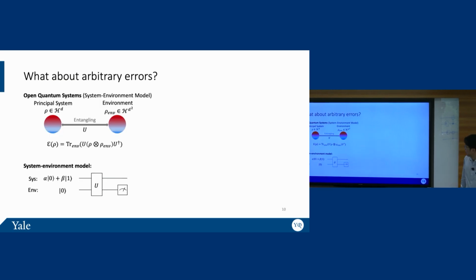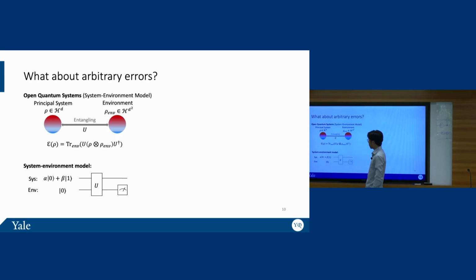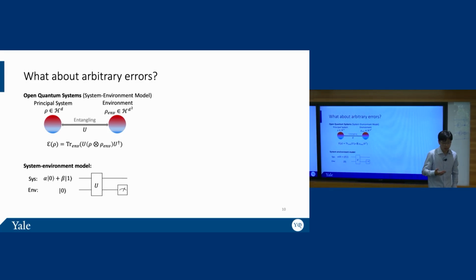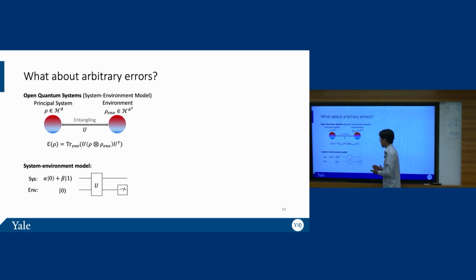Okay, so you might ask, what about arbitrary errors? Now, in order to understand how effective these circuits work for arbitrary quantum errors, you have to understand what arbitrary errors look like. And without getting into the technical details too much, a nice, clean way, in my opinion, to model a quantum error is to say you have your quantum system of interest that we call the principal system.